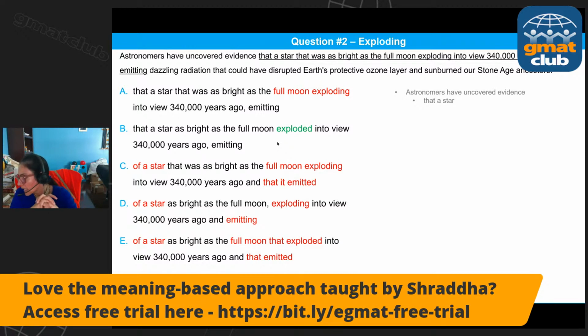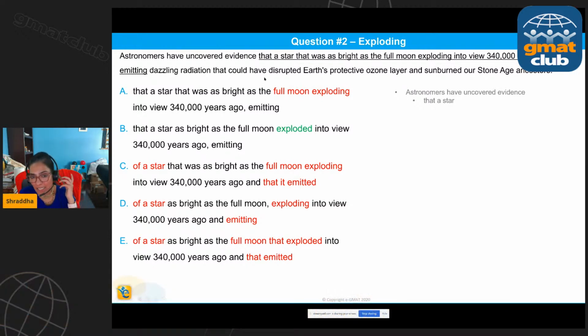Anshuman is asking, how can we write exploded and emitting? Anshuman, I frankly don't understand what you're trying to say here, but this usage is absolutely correct because exploded is the verb which is modified by the comma plus verb ing modifier emitting dazzling radiation. And we know that comma plus verb ing modifiers act as action modifiers.